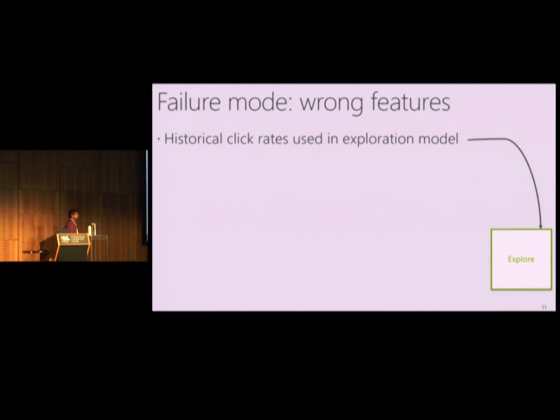When you're trying to predict something about the future, it's pretty common to use the past as an indicator. So if you're trying to predict, for instance, click probability on something in the future, it's pretty common to use historical click rates as a predictor. So what that means is that you have some sort of an exploration algorithm that receives a context from the application, and part of the features in the context includes the historical click rate, say, of every available action.